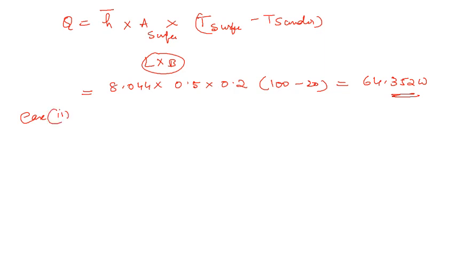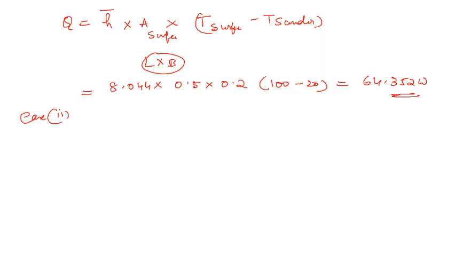The properties of air remain the same, but here I am keeping the flow parallel to the 200 mm side with a velocity of 2 meter per second. So the only change is the dimension to which the flow is parallel.